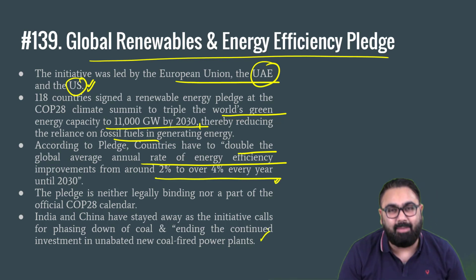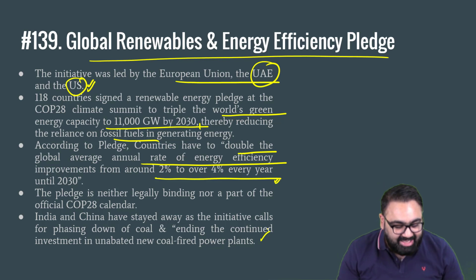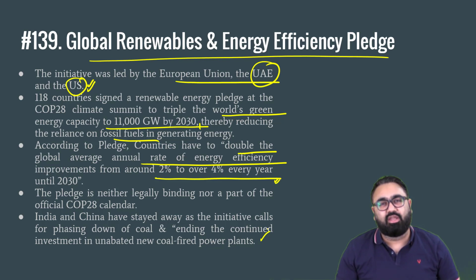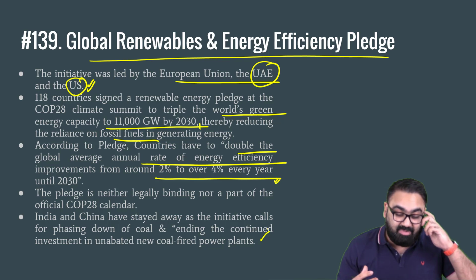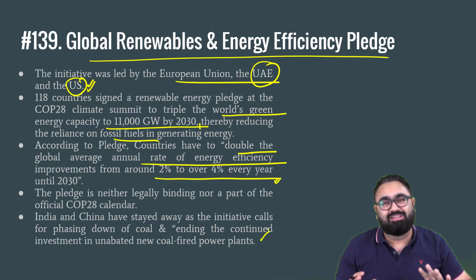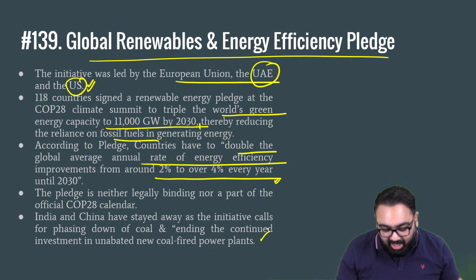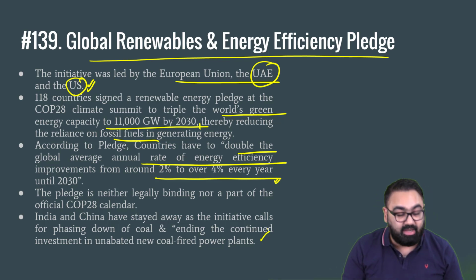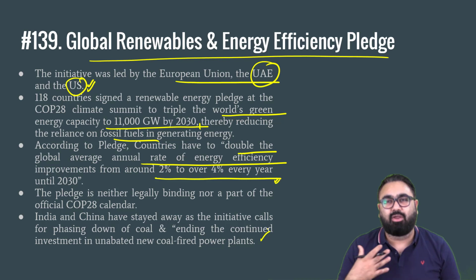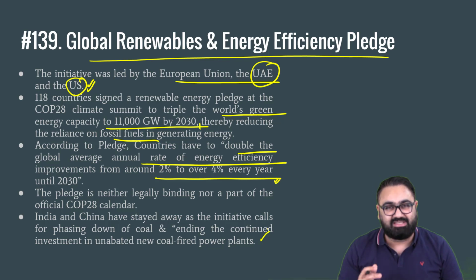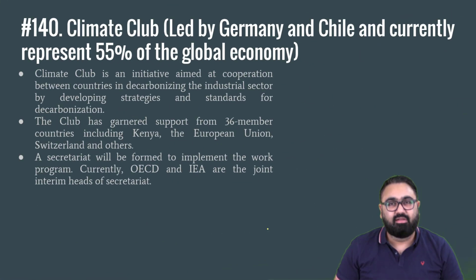See, whenever there is any pledge that says that countries must cut down their use of coal, you will see India and China usually stay away from that. Because a large part of our economies, both India and China, is still powered by coal, so we usually stay away from that, and that has been the case here as well.